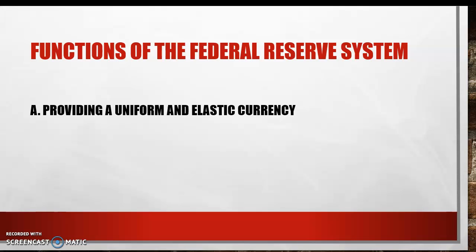Letter A, provide a uniform and elastic currency. Let's define elastic currency first, actually. It is a currency that can expand with the economy. As the economy grows, the need for more money grows with it.